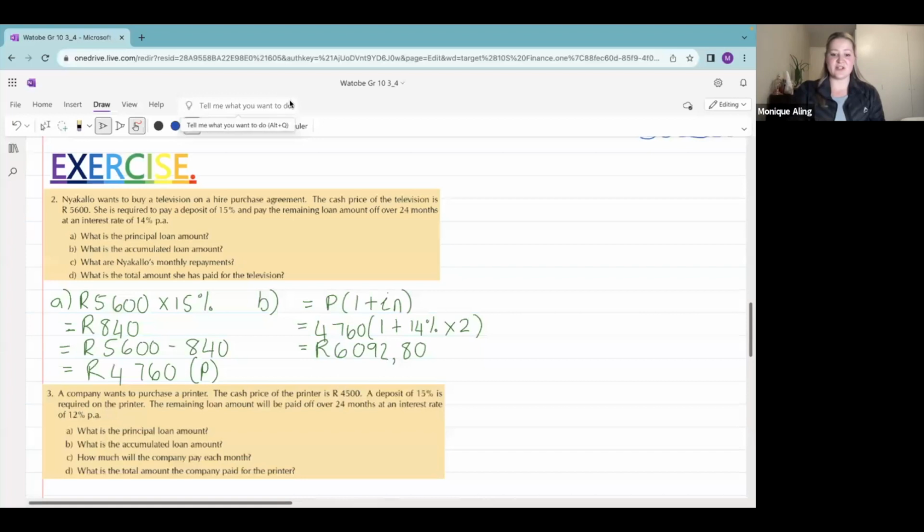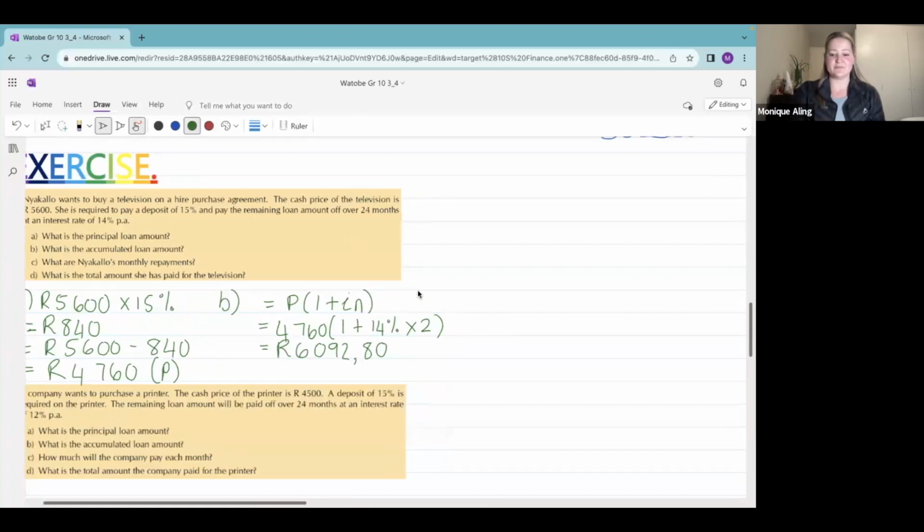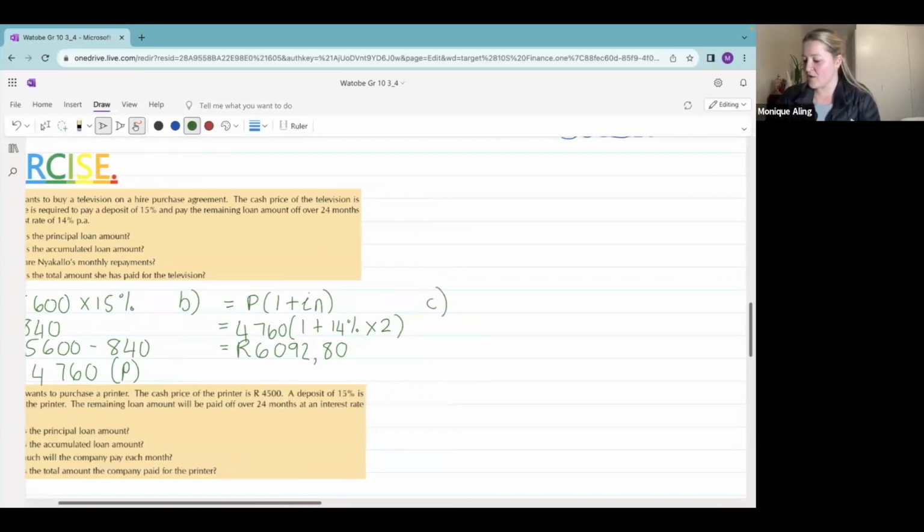Okay, so guys, for question C, we take the amount that's been loaned, which is 6,092.80, divide by the loan period, which is 24 months. Okay, which gives you a monthly repayment of 253.87. So that means she needs to pay 253.87 every month for the next 2 years to finally own this TV.